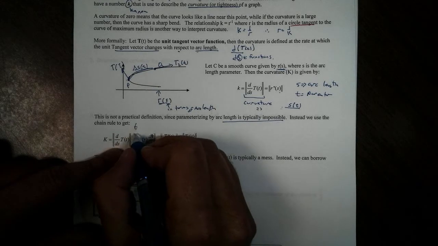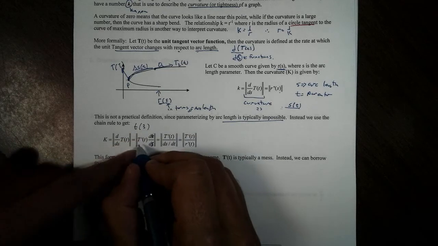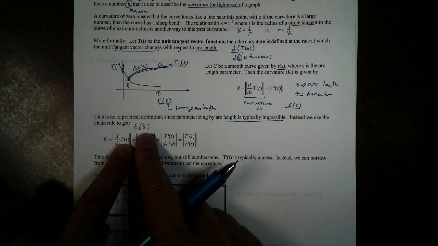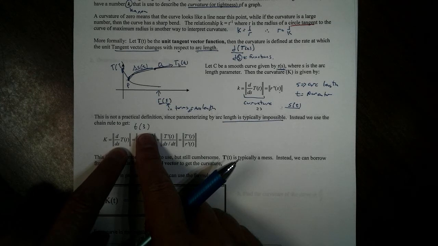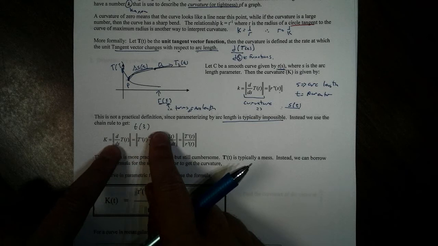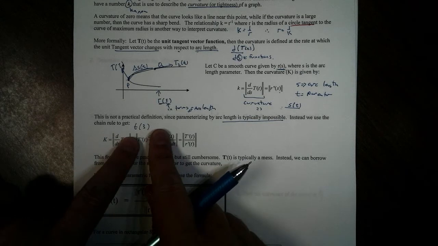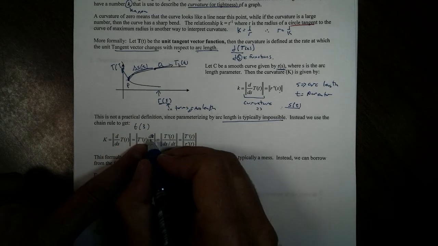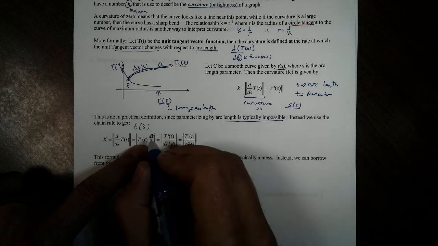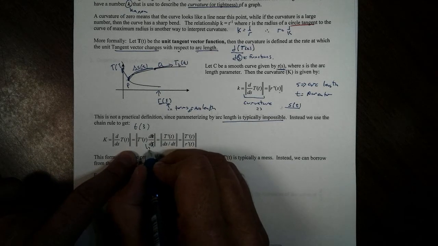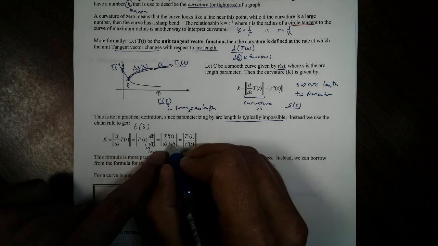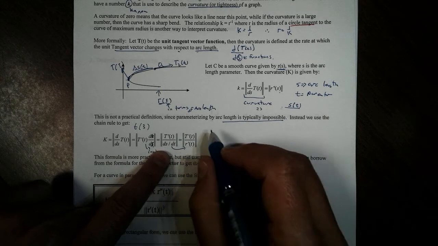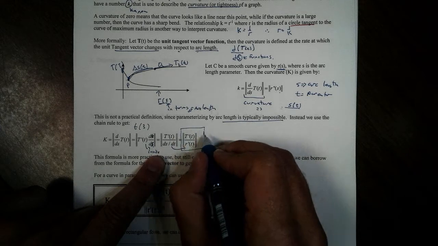So when I take the derivative of my unit tangent vector with respect to arc length, I can write this using the chain rule: the derivative of the inside, T prime of t, times dt over ds. You might need to fix that in your notes. And ds dt is just the magnitude of r prime of t. So we have this formula right here.